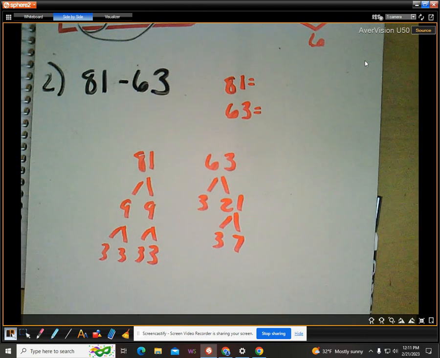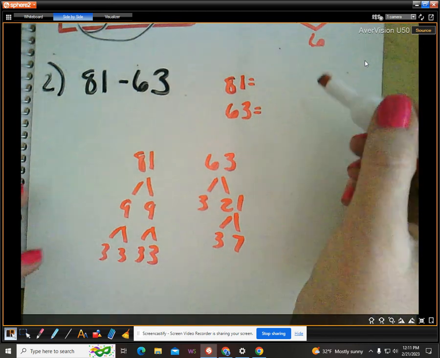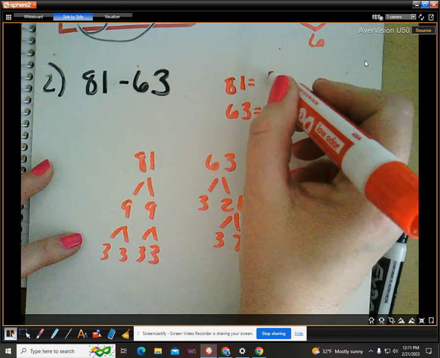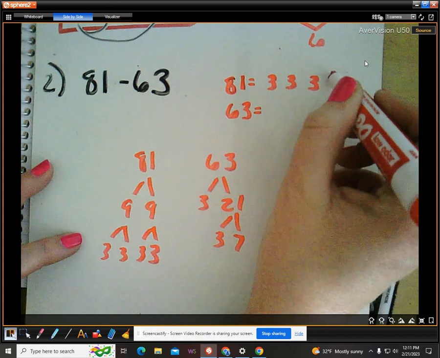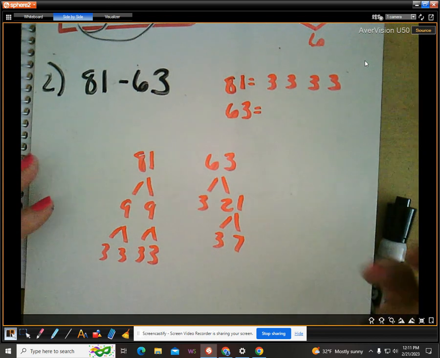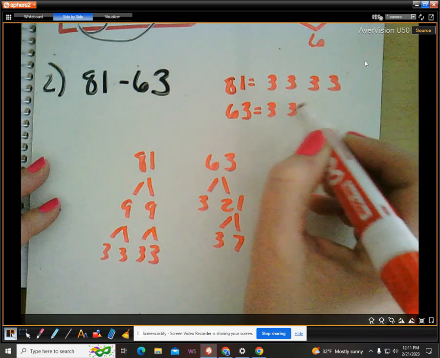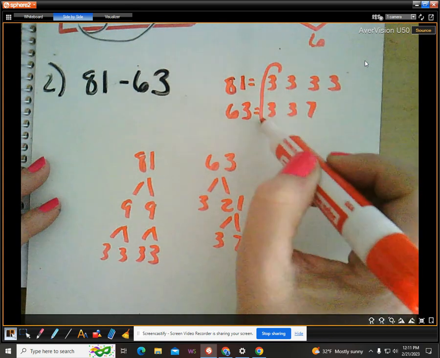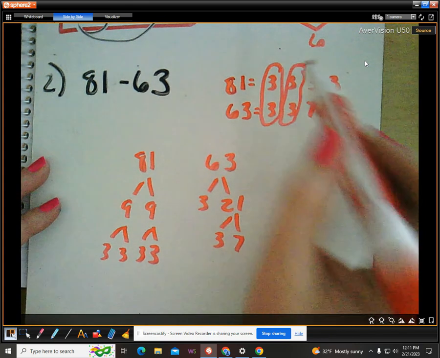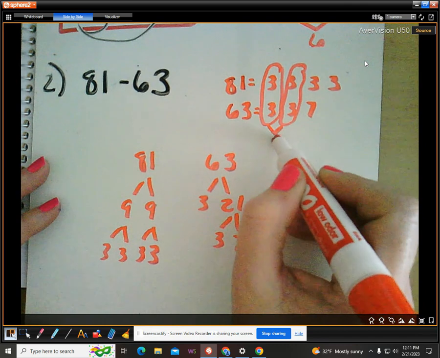If you know your math facts, factor trees are very quick to make. Okay? So my prime factorization for 81 is four 3s. My prime factorization for 63 is two 3s and a 7. Common factors. So my greatest common factor would be 9.